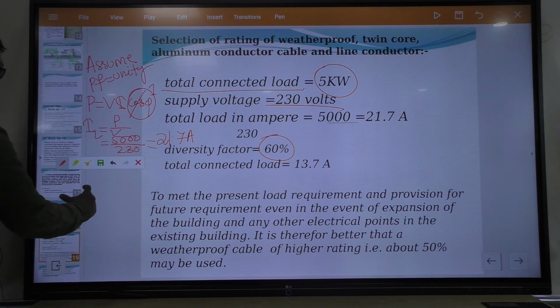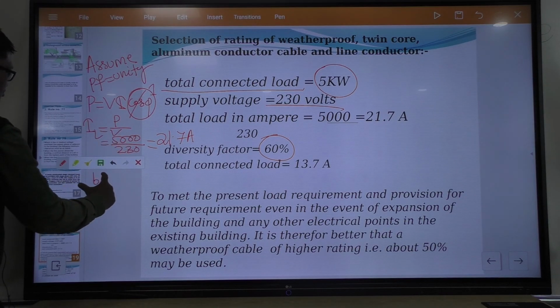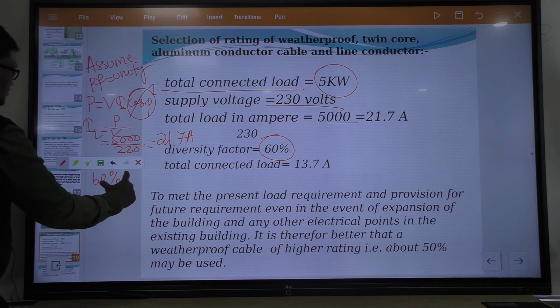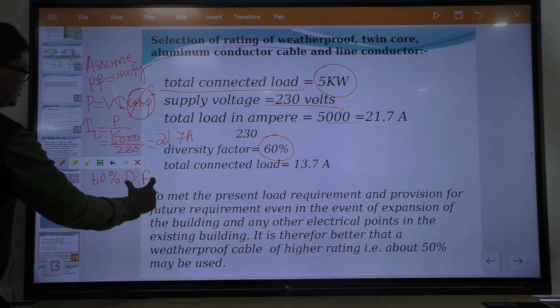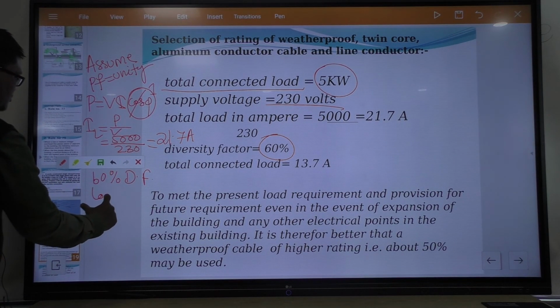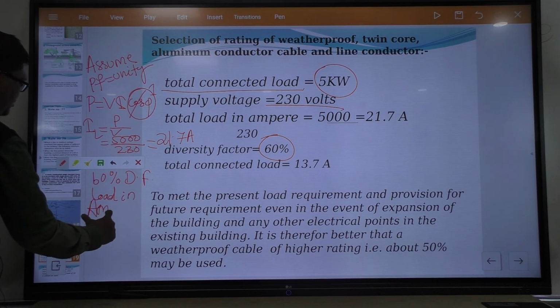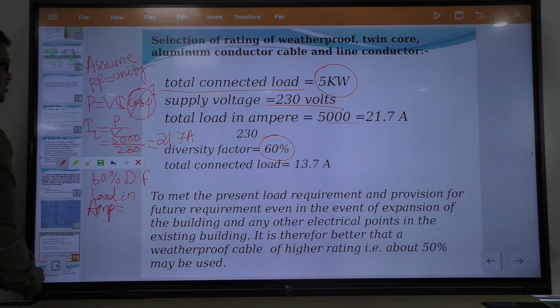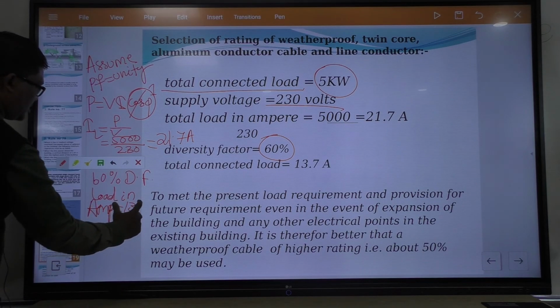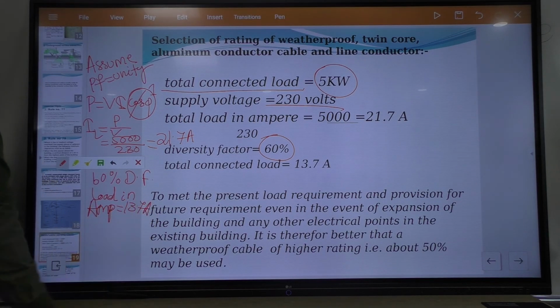So the total connected load for 60% diversity factor, in ampere, will be 13.7 ampere.